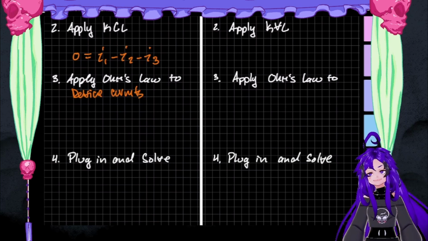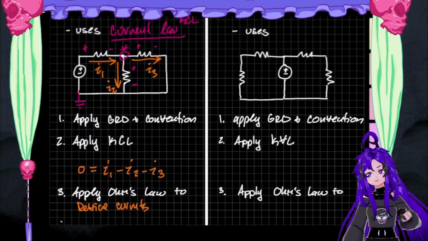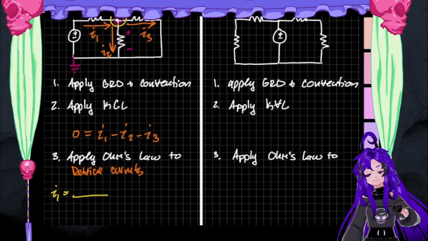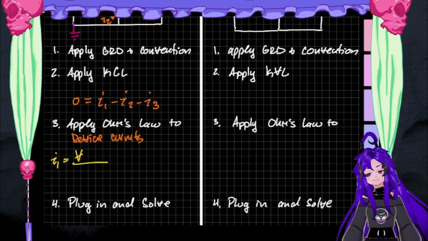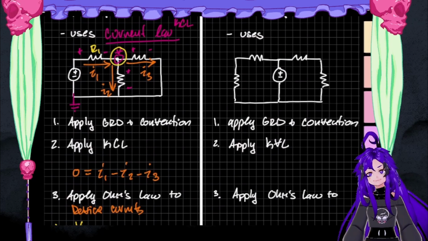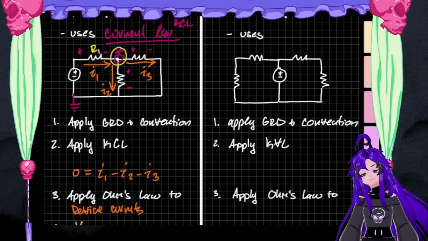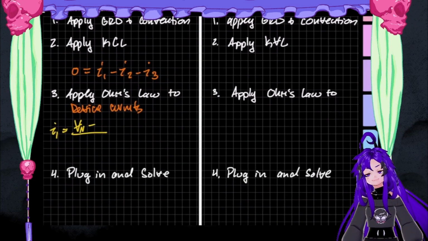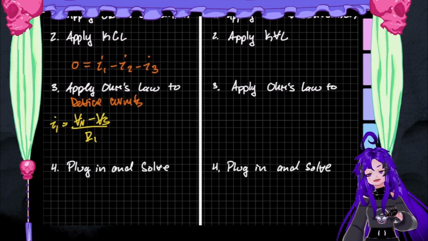I1 equals the voltage drop across R1 over R1. If this one's R1, the voltage drop is going to be the voltage at the node, V node, minus, because we're looking in the wrong direction, whatever source we've got. We'll call that V source. So I1 equals V node minus V source, over R1.